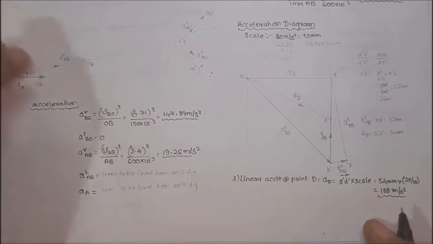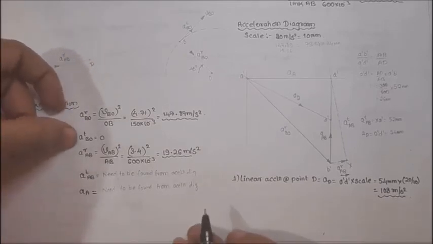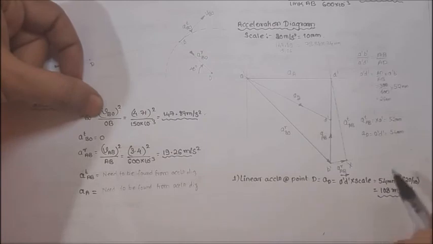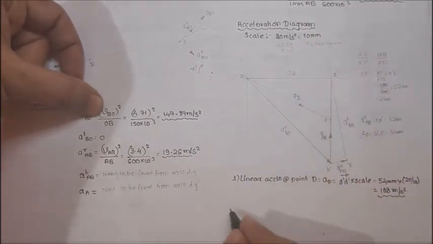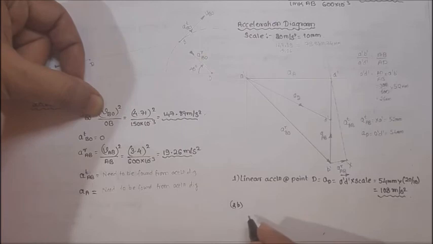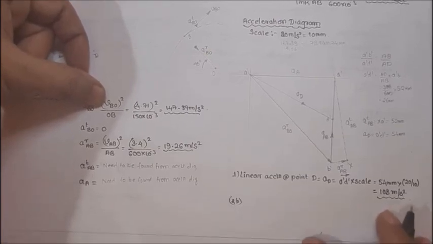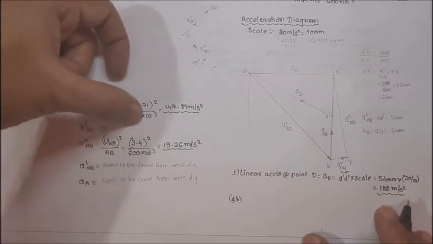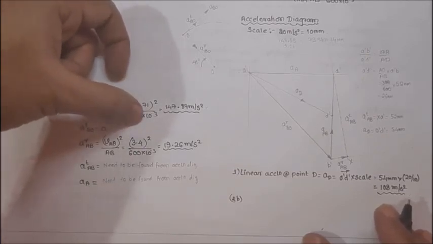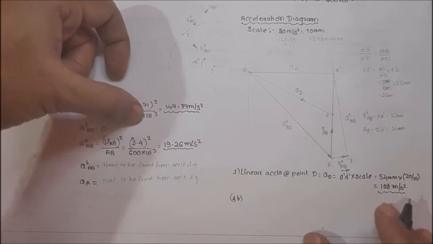Now we require to find the angular acceleration of the connecting rod AB. To find the angular acceleration of connecting rod AB, we need to find the tangential component of the link AB.